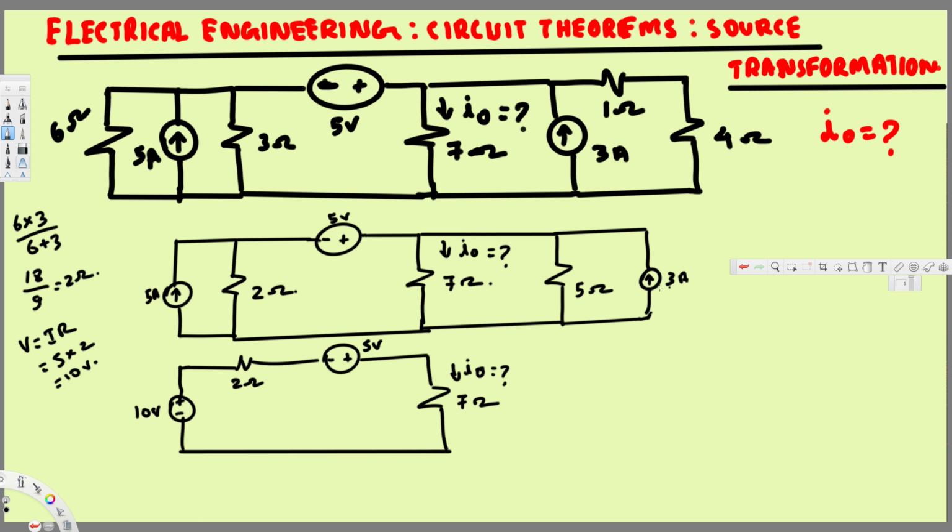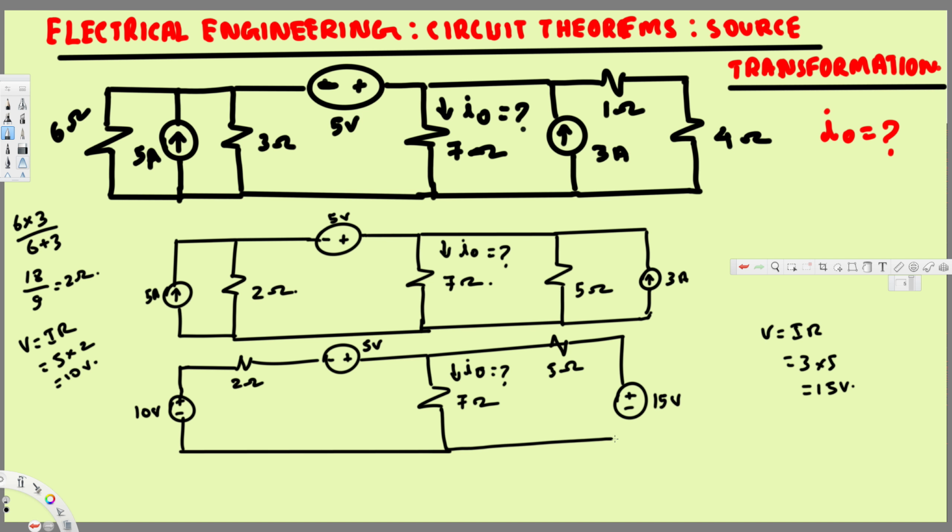And also again I'm going to make this one into voltage and resistance in series. To do that, again V is equal to IR, I is 3, R is 5, so 3 times 5 is going to be 15. So 15 voltage is going to be our voltage source, and this 5 ohm is going to be in series, so this is 5 ohm right here, and then we are going to have this 15 voltage right here, so this is going to be plus minus 15 voltage, and that's it.